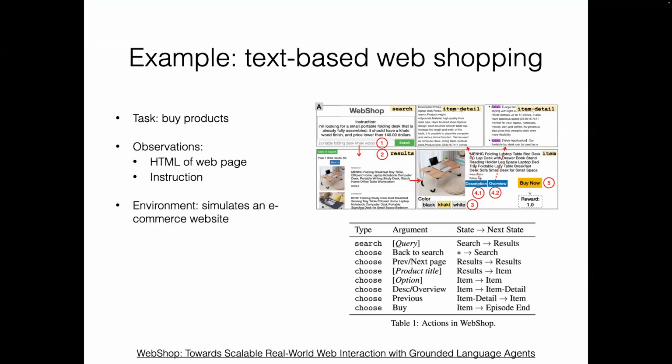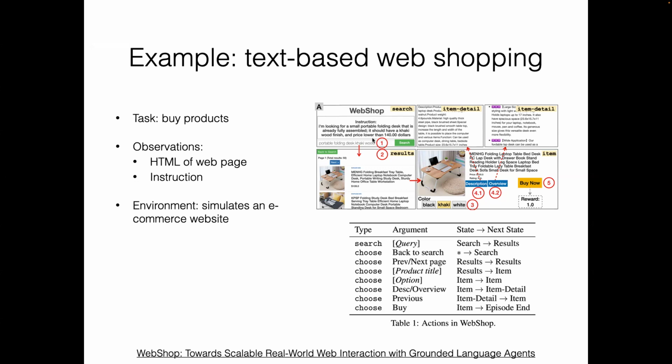Okay, another thing you could do is web shopping. Here again, we're not considering the vision agents yet, but as we saw before, you can try to represent the web page as just text. This was a paper called WebShop that was really popular, and they do exactly that. Their environment simulates an e-commerce website, and they have different tasks that you can perform, like: I'm looking for a small folding desk that is fully assembled.